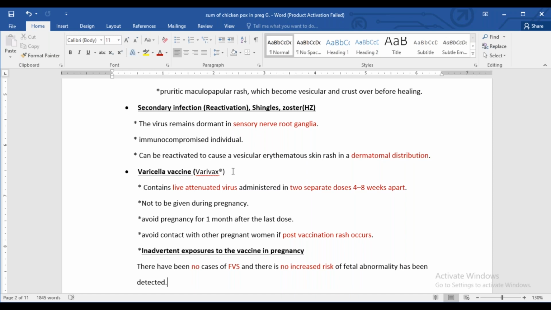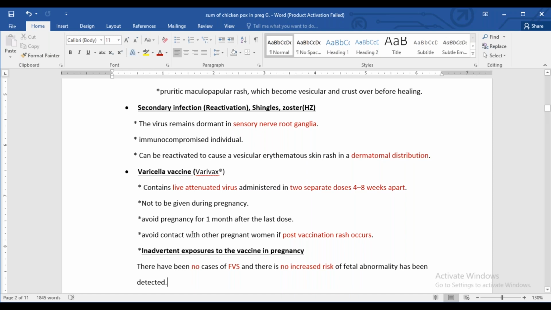And you have to instruct the woman to avoid pregnancy for 1 month after the last dose. She will take 2 doses and she has to avoid pregnancy for 1 month after the last dose, because it may lead to post vaccination rash or infection. It's reported with some cases, so it's better to avoid pregnancy for 1 month.